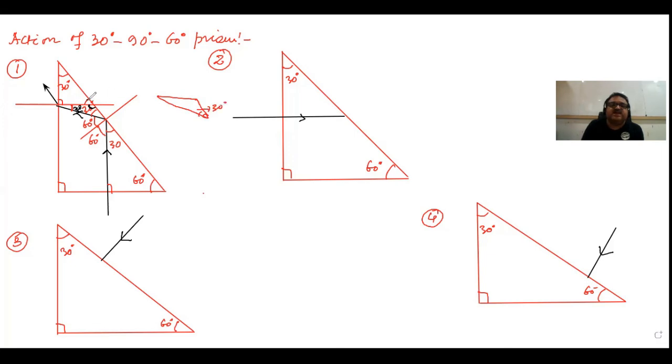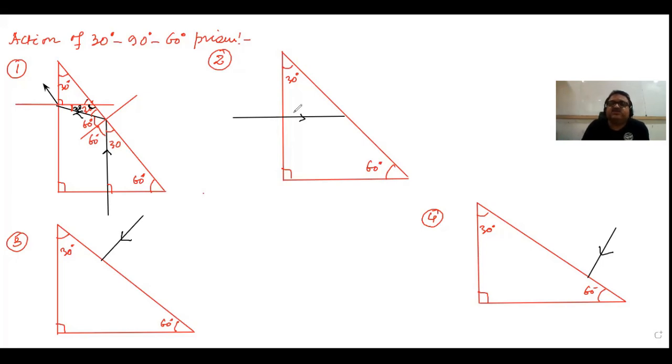Now, this angle is 60. This angle is 60, and this is a straight angle, so it is 120. If it is 120 and this is 30, this must be what? 120 plus 30 is 150, so this is 30. Is it clear? So this is the way of completing the diagram. You need to know the calculation clearly, otherwise you cannot do it abruptly, okay?